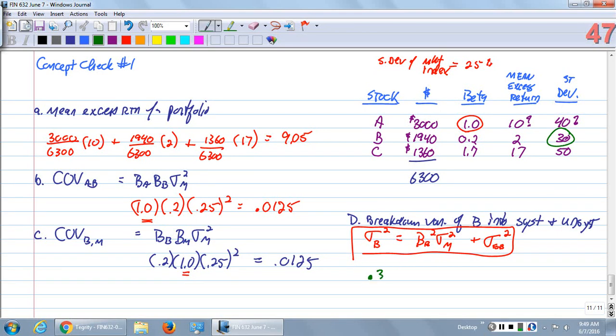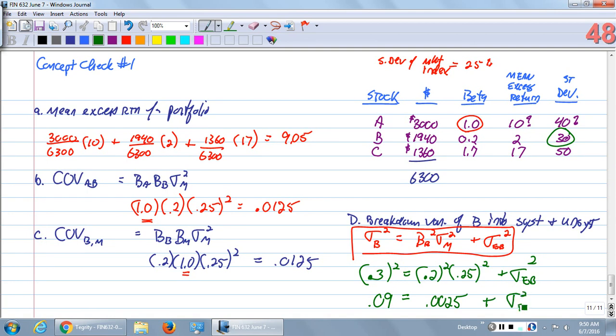So 0.3 squared equals the beta for asset B, which is 0.2 squared, times the variance of the market, 0.25 squared, plus this. So 0.3 times 0.3 gives us 0.09. 0.2 squared times 0.25 squared gives us 0.0025. So now we can solve for the remaining component.